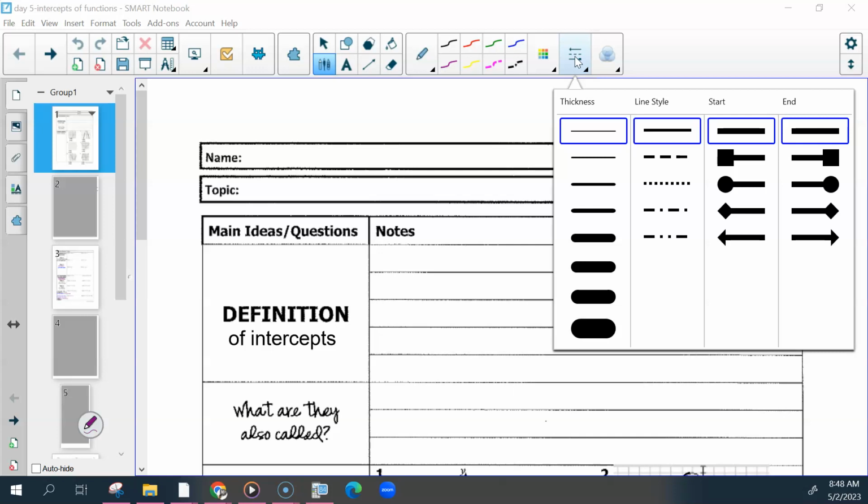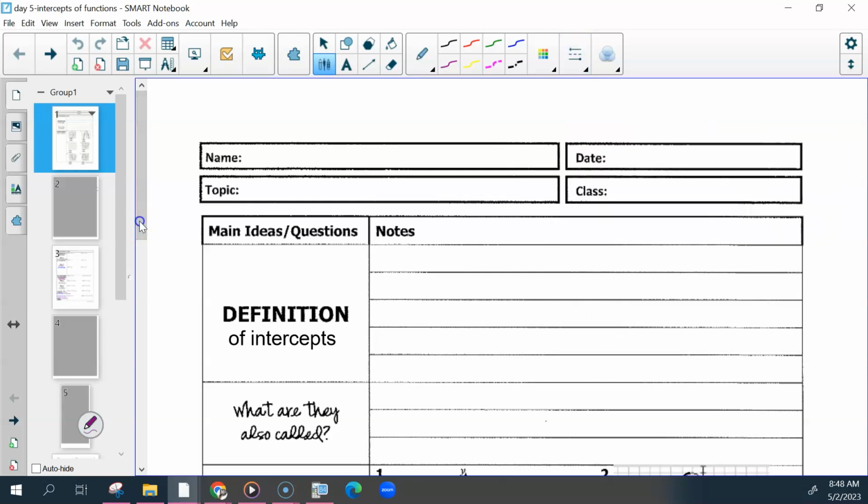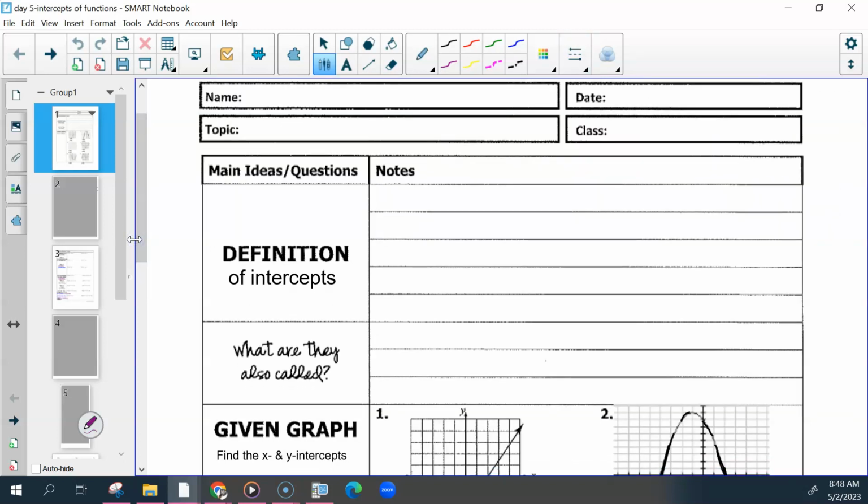X-intercept would be on the x-axis. Okay. Graphically, it's where it crosses or touches or intercepts. Either one. This is graphically where it's supposed to.